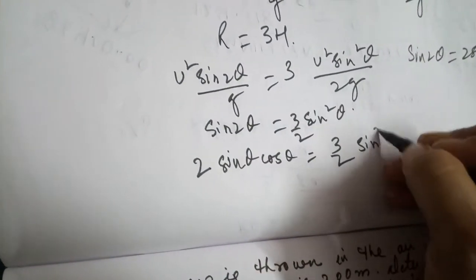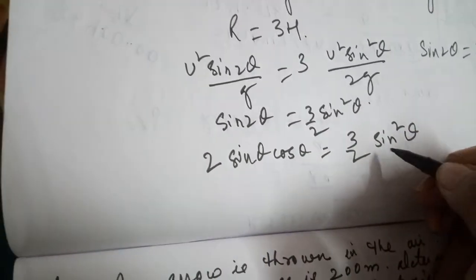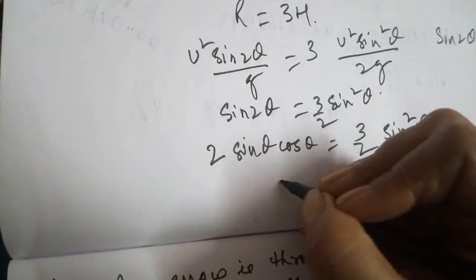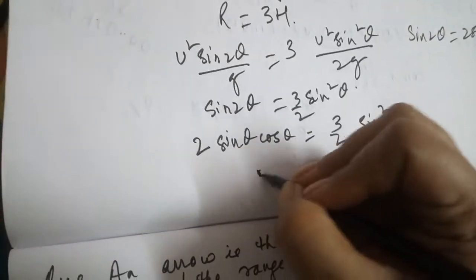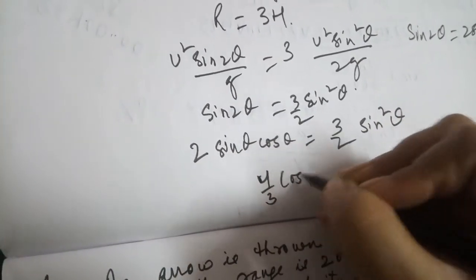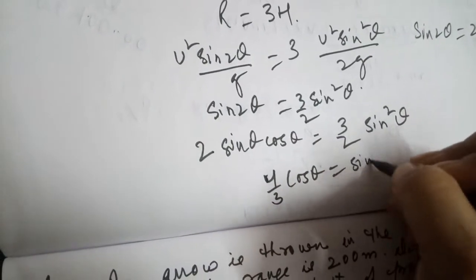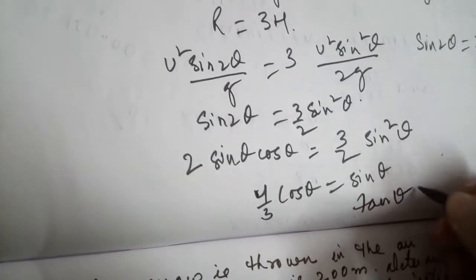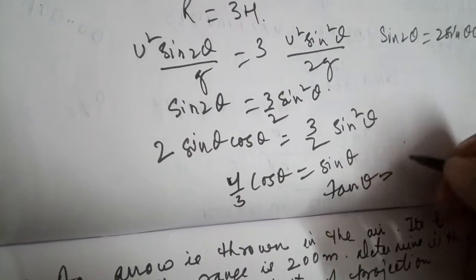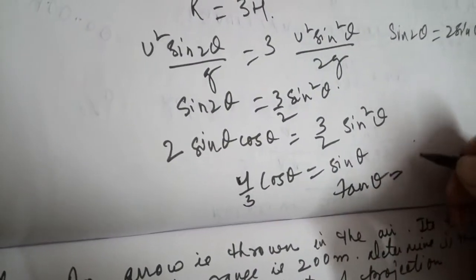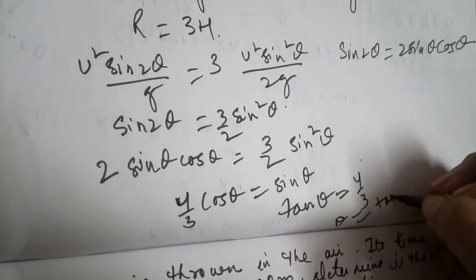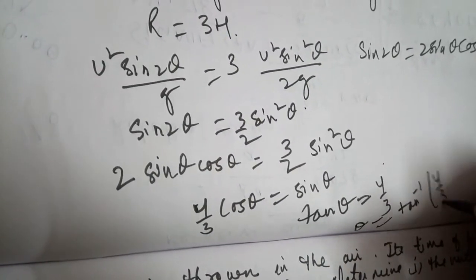Now if we solve, sine theta cancels with sine theta, so 4 by 3 cos theta is equal to sine theta, or we can write that tan theta is equal to 4 by 3, or theta is equal to tan inverse 4 by 3.